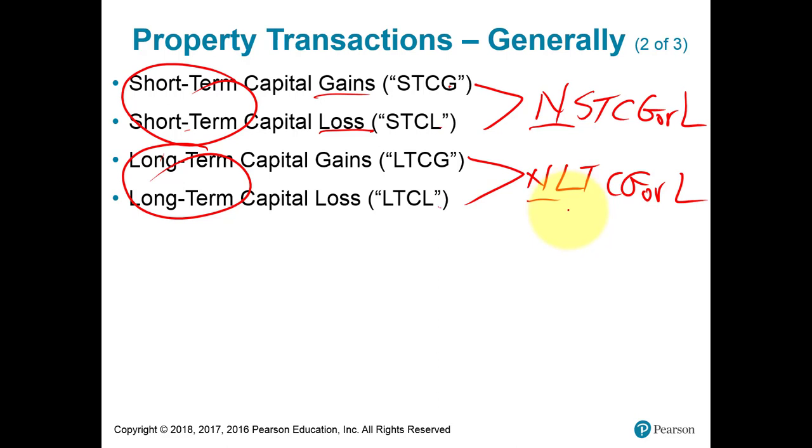Then, let's say we have 4 different possibilities here: gain, loss, short-term, long-term. If you have a loss in one category and a gain in the other, you're going to net them again. This gain with this loss, or this loss with this gain, to get a net remaining, whatever is left over of each of those.